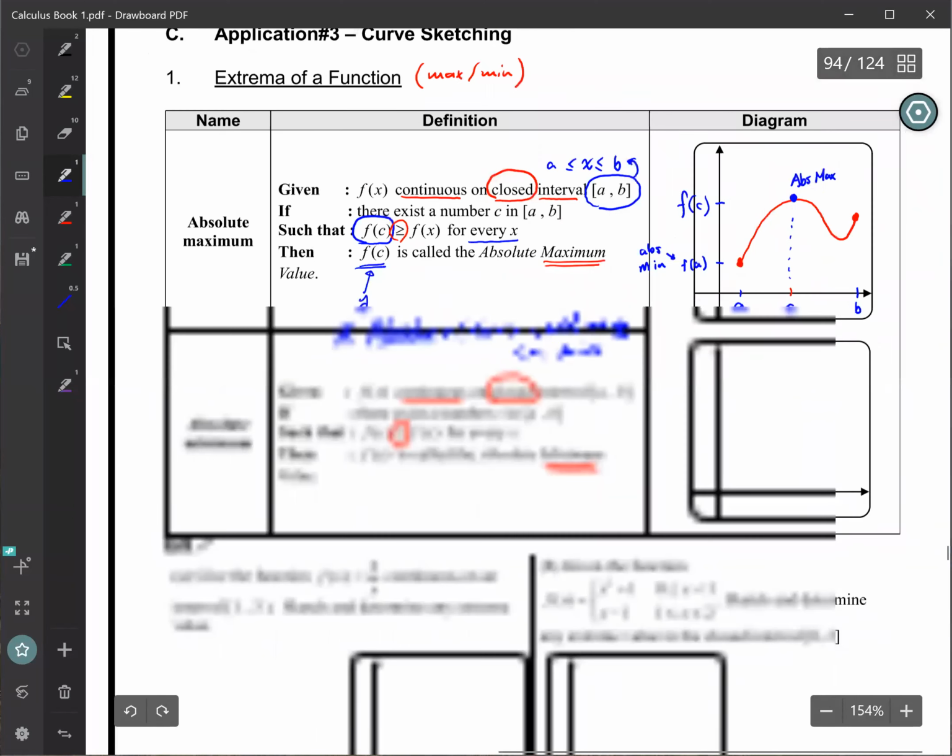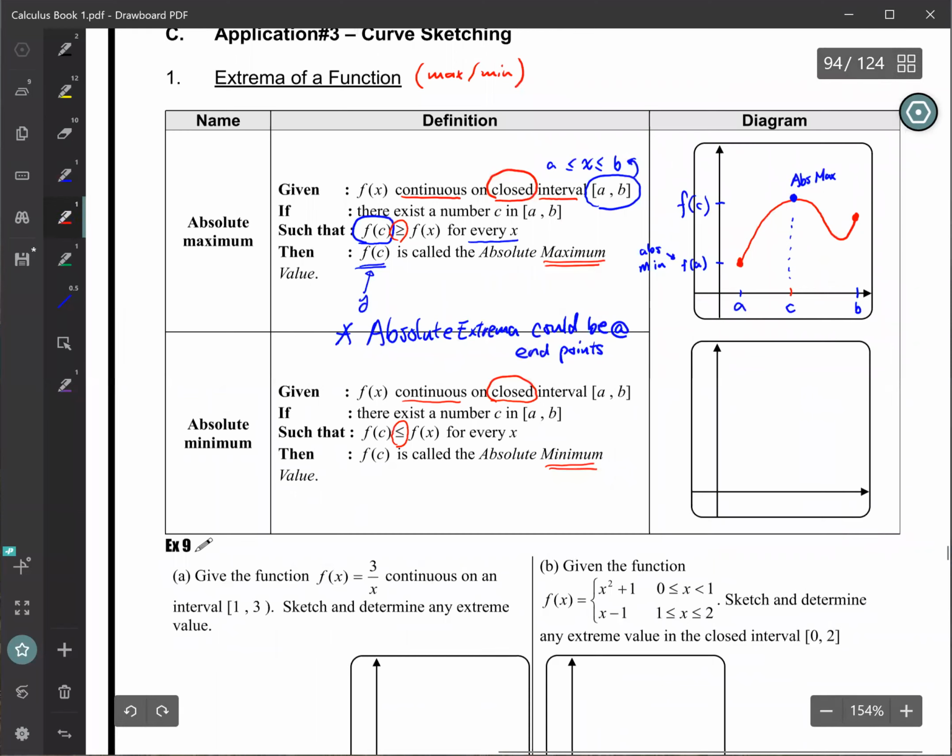Okay, and then another example, let's draw another one. Let's say if it's going like this.